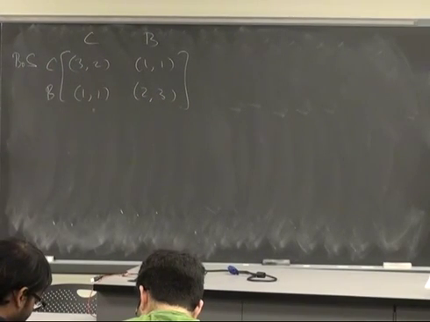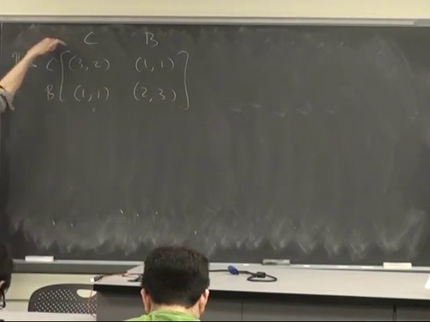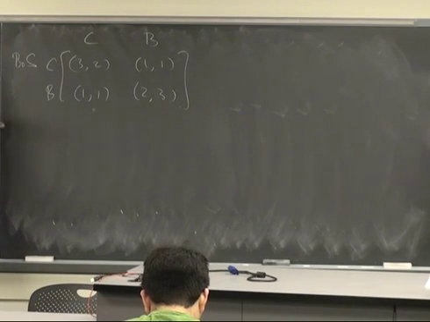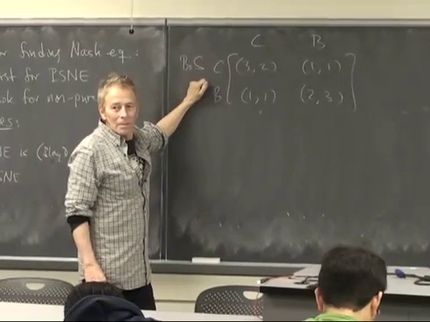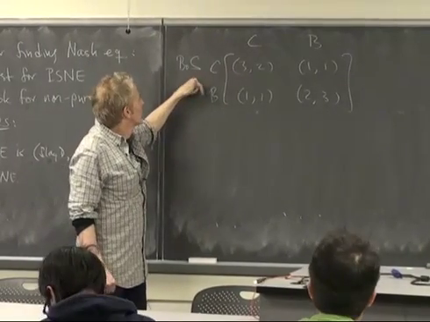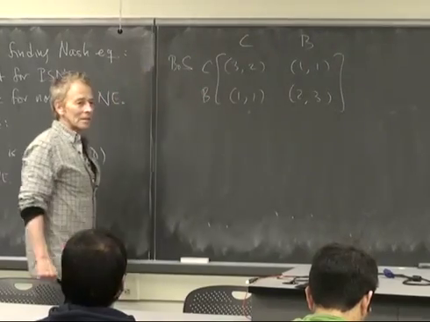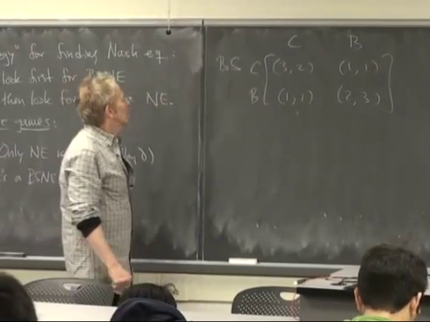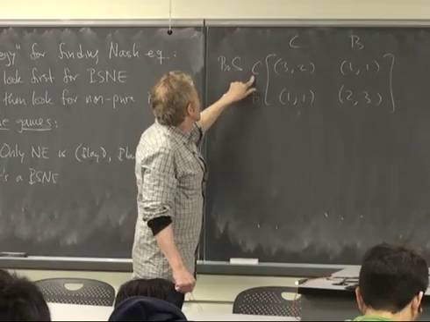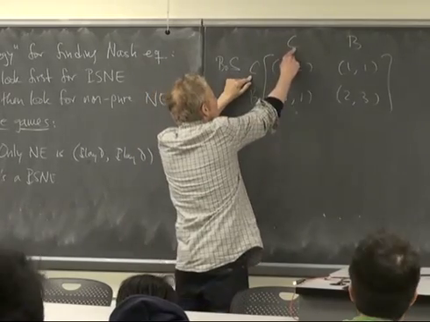Okay, if I'm player one and player two plays C, what's my best reply? I'm player one, so I'm picking between the rows. Player two is playing C. What's my best reply? C. Okay, so C is player one's best reply to a C by player two.